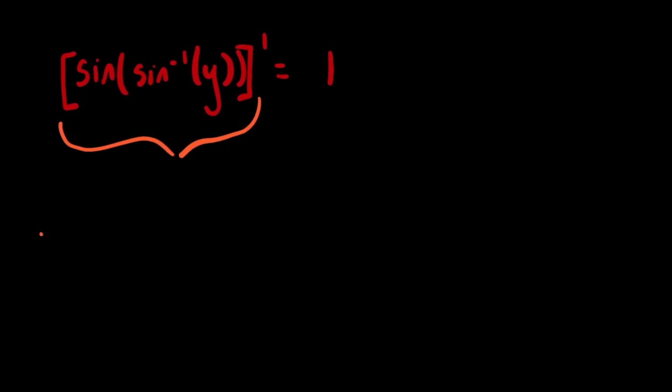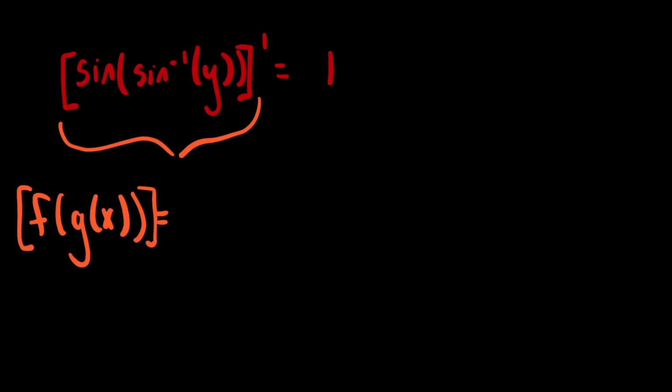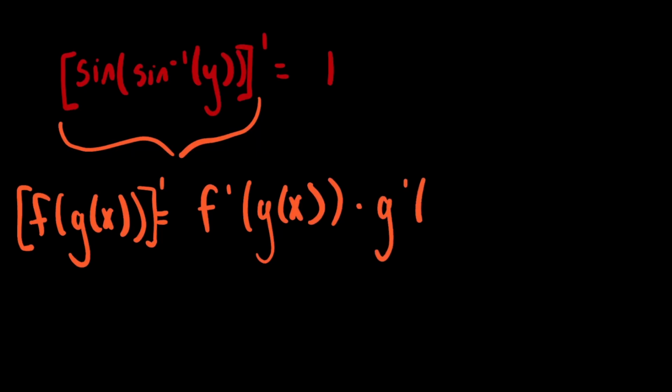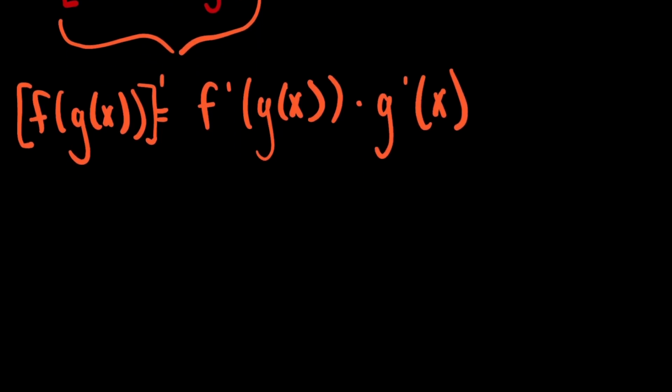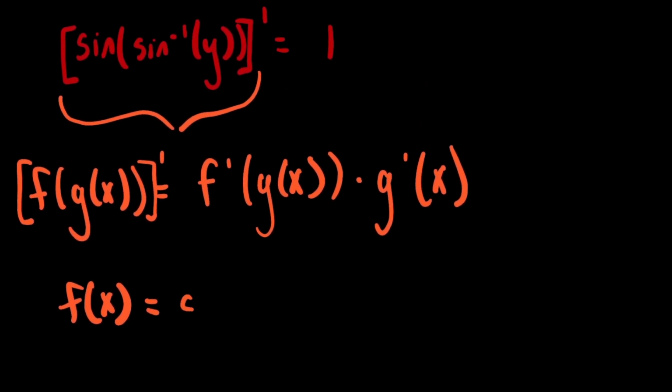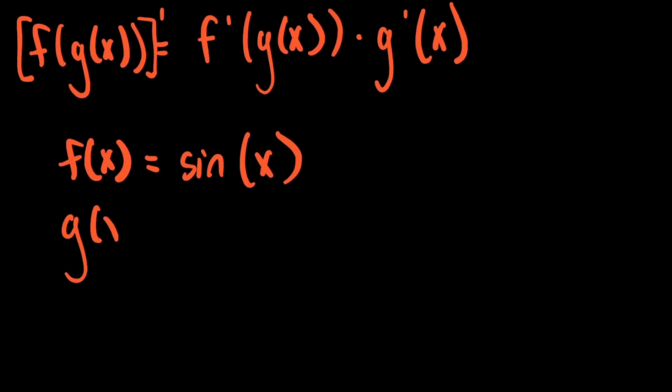Now, what we are looking at with this part of our problem here is chain rule, which, if you'll recall, f evaluated at g of x when differentiated equals f prime of g of x times g prime of x. In this case, our f of x is equal to sine of x, and our g of x is equal to inverse sine of x.